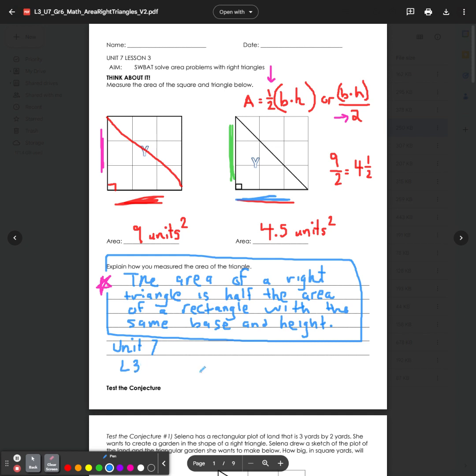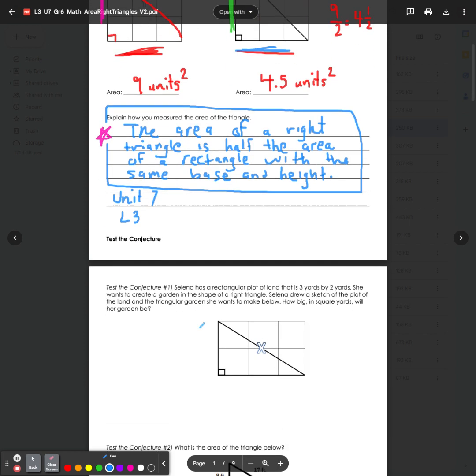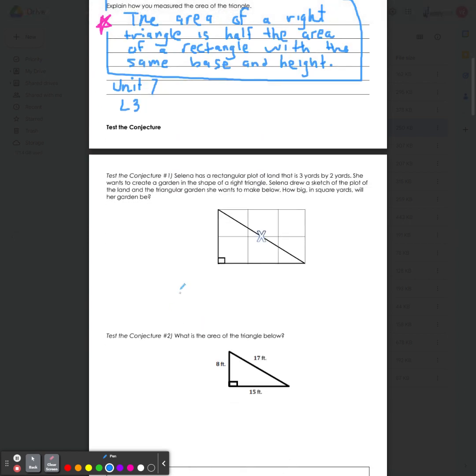So as long as we are given the base and the height of that triangle, we just want to multiply the base times the height and divide it by 2 or take half of it in order to find the area of that right triangle.